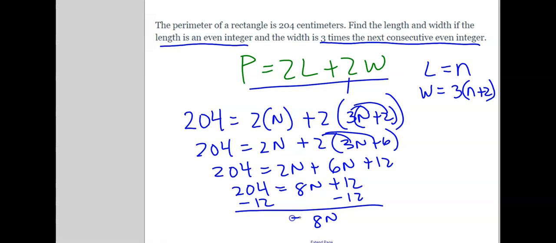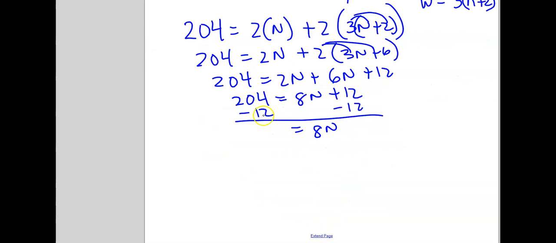So 8n is equal to 192. Divide by 8. And n is equal to, 8 goes into 19 twice, with 3 left over, 24. Alright, so n is 24.